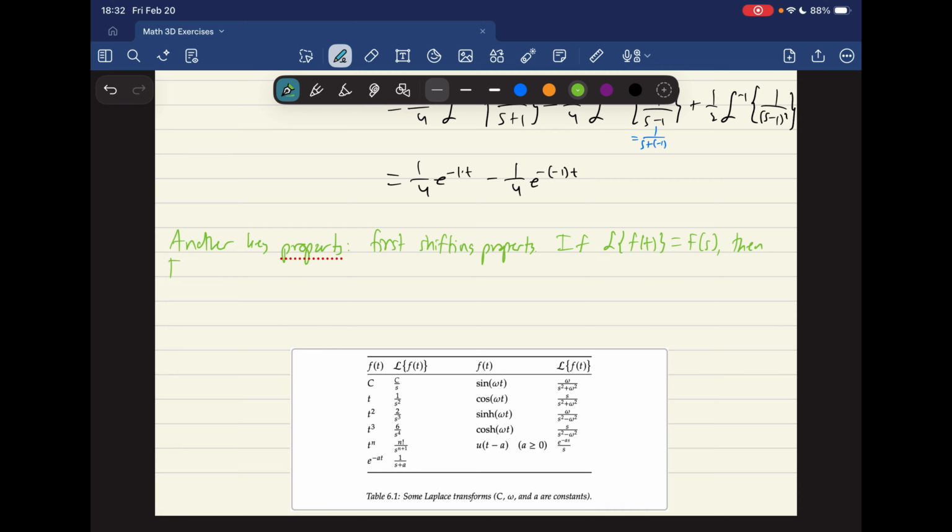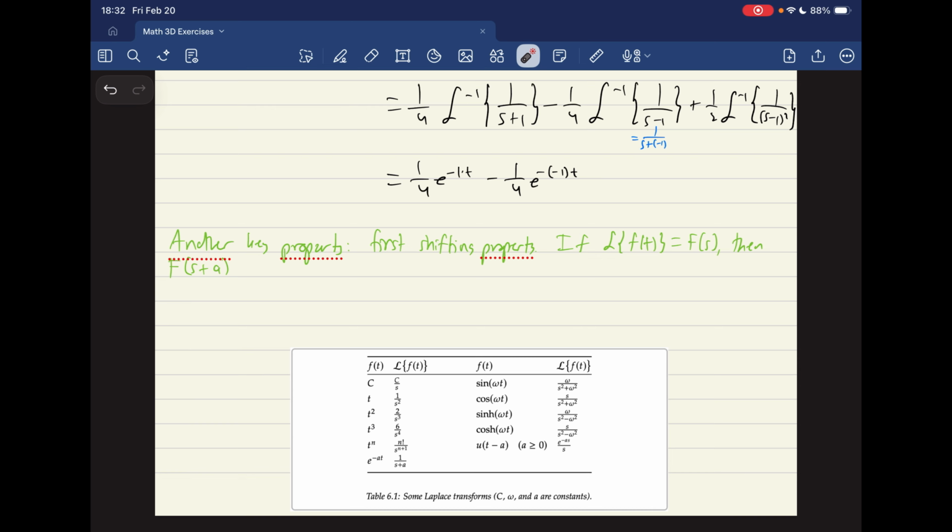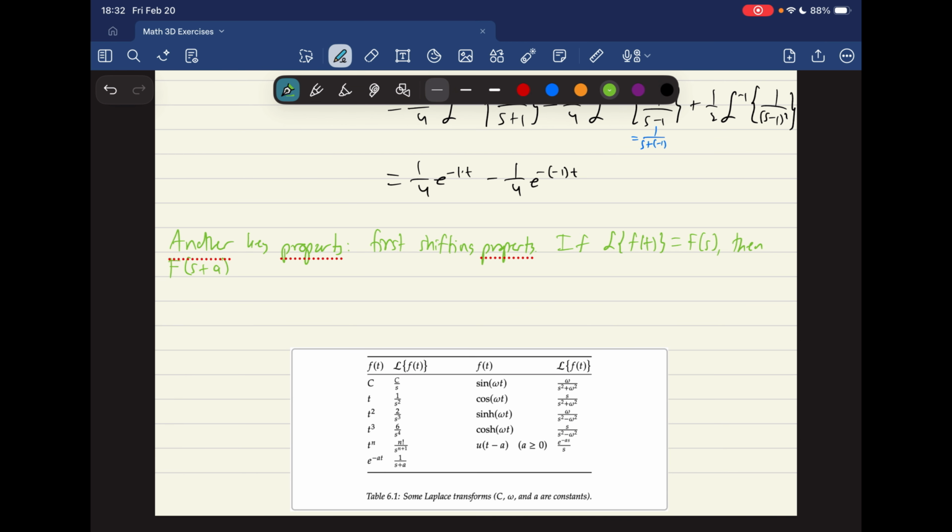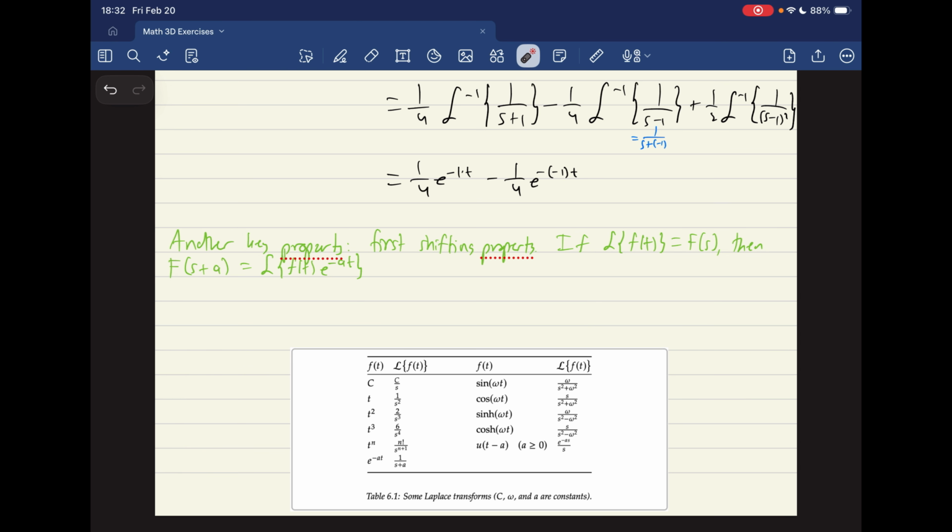Then if I take the Laplace transform and I add some constant a, this has the effect of shifting the graph of capital F, hence the name first shifting property. This is the same as the Laplace transform of our function f of t, but now multiplied by e to the minus at, where a is whatever thing we added into the input at capital F, i.e. the thing that we're shifting capital F by.